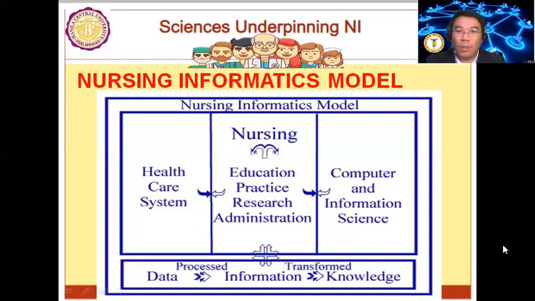That's why on the bottom portion of the nursing informatics model, it considers how data will be translated into knowledge. From the data, it will be processed into information that is more useful, and it could be more meaningful if this information is transformed into knowledge.